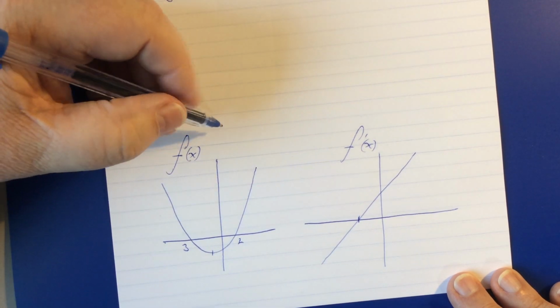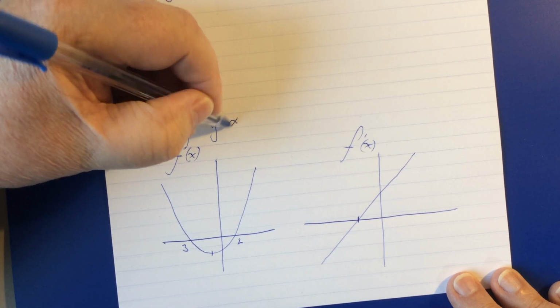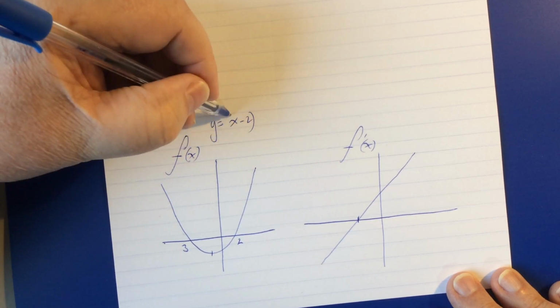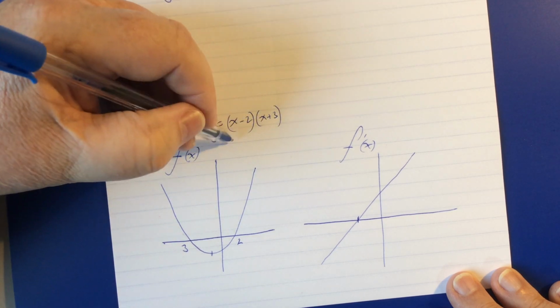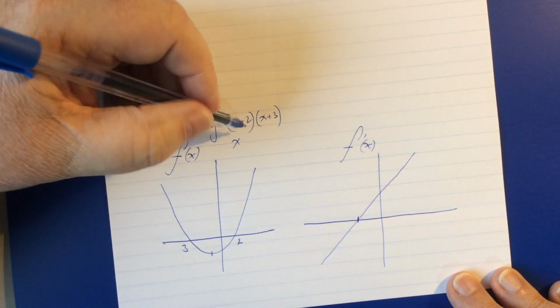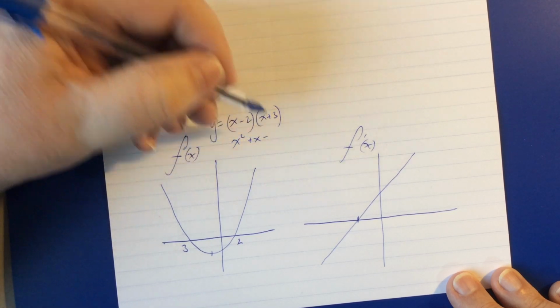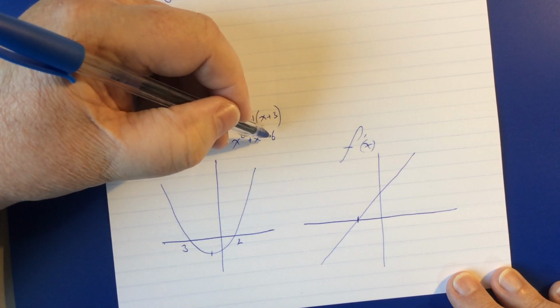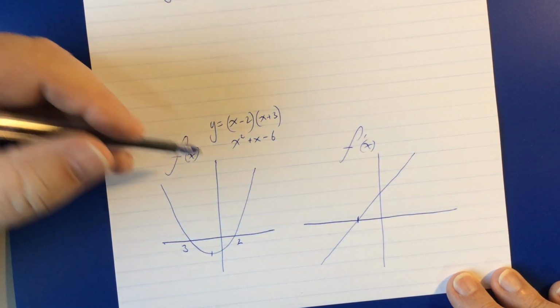Okay, now what that's going to mean is that y is going to equal x minus 2 into x plus 3, which gives us a quadratic that is x squared plus x minus 6. Again, not drawn to scale, please note.